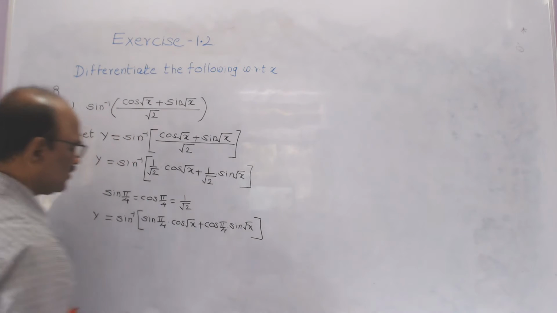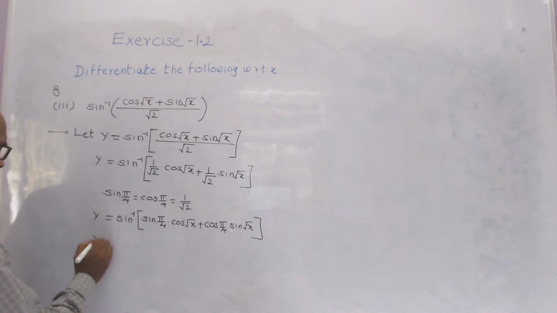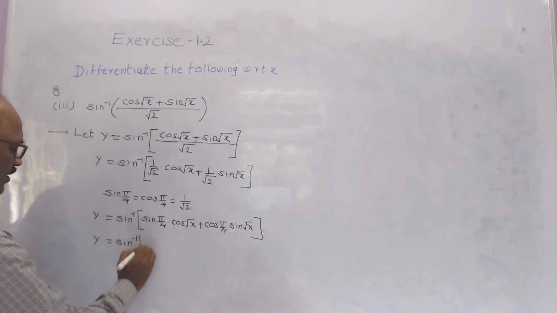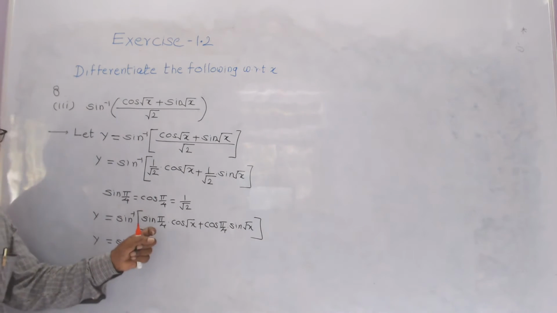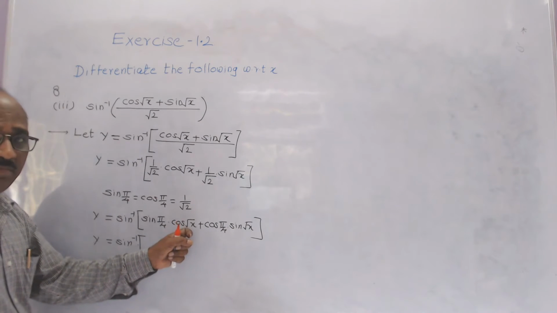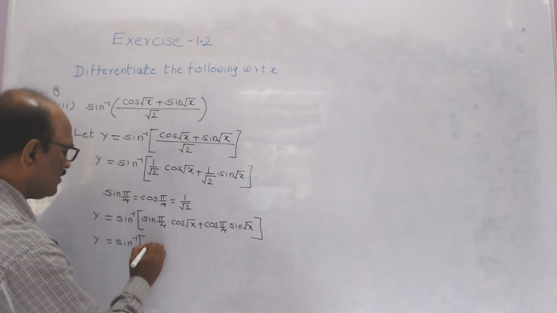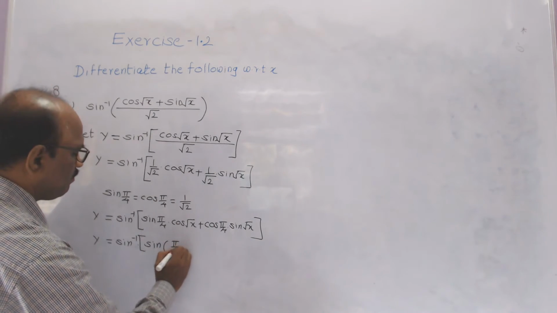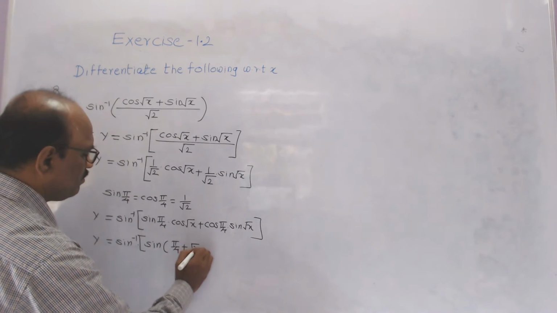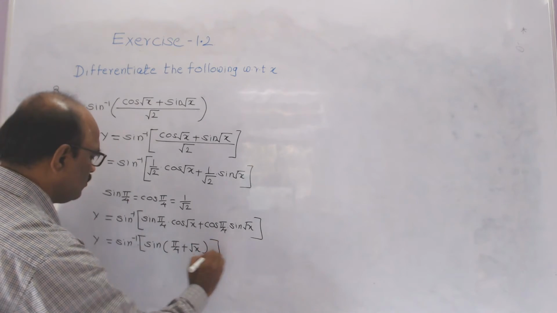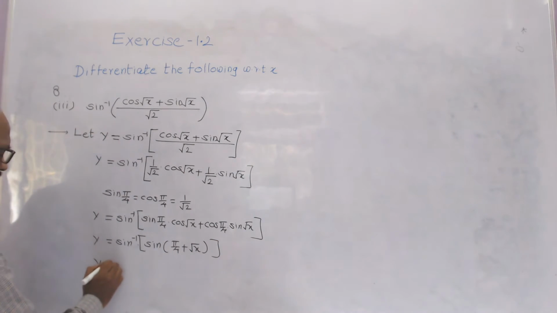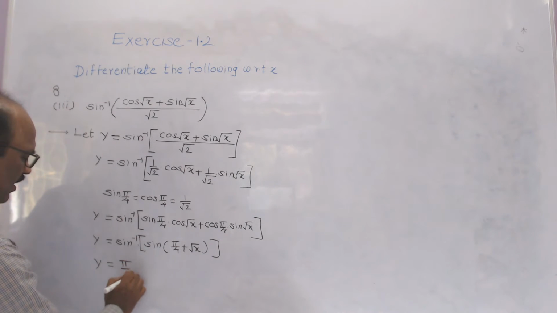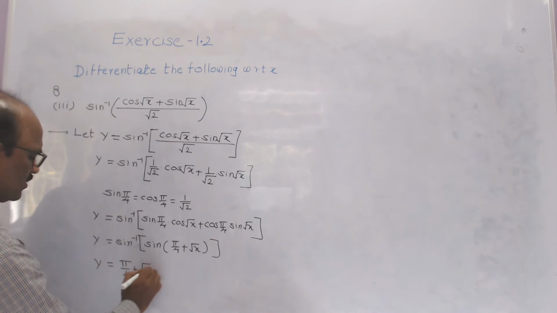Now this is the expansion of sine of a plus b. But what is a here? A is pi by 4 and b is root x, and therefore I will write here sine of pi by 4 plus root x. Okay, now y is equals to sine inverse of sine theta, that is nothing but pi by 4 plus root x.